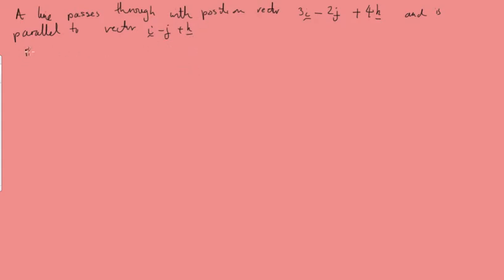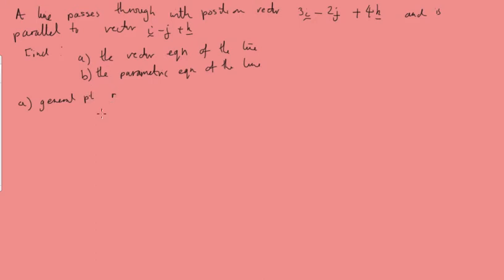And we want to find, firstly, the vector equation of the line and the parametric equation of the line.